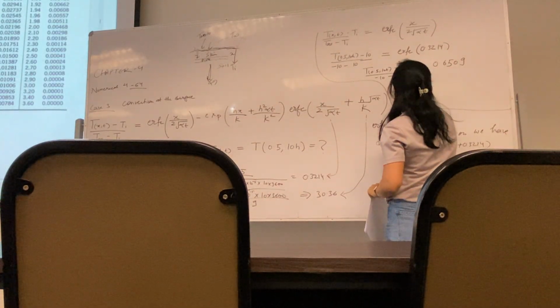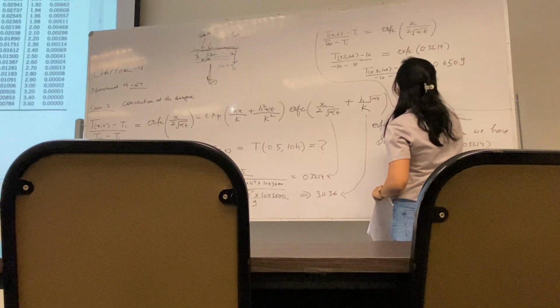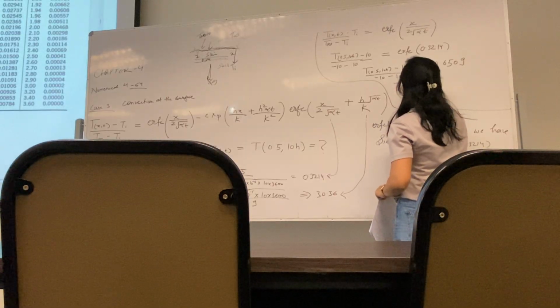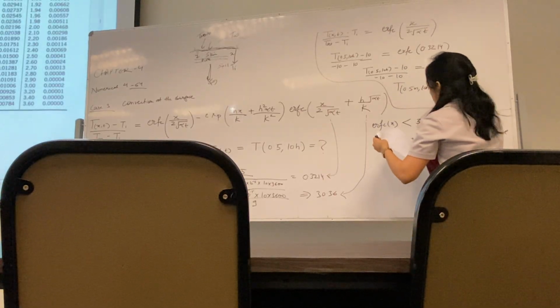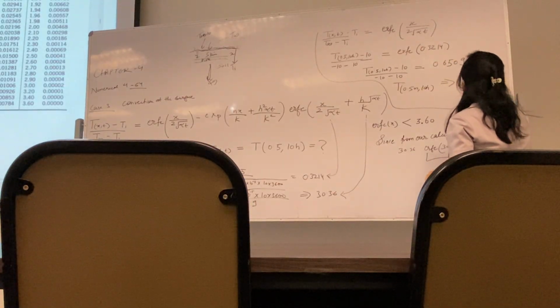Solve this, you get temperature at 0.5 meters for 10 hours equals minus 30 degrees Celsius.